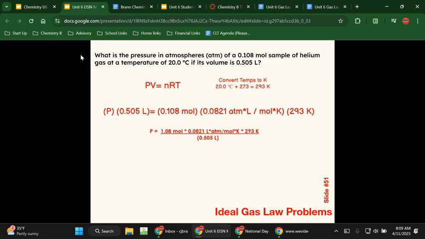Moles cancels out with moles here because this is on the bottom of this fraction. This is actually liters times ATM over mole times Kelvin. So this mole cancels out with this one. This Kelvin cancels out with this one. The only unit you're left with, ladies and gentlemen, in the end is ATM, which is exactly what you want to be in because you are trying to find a pressure.